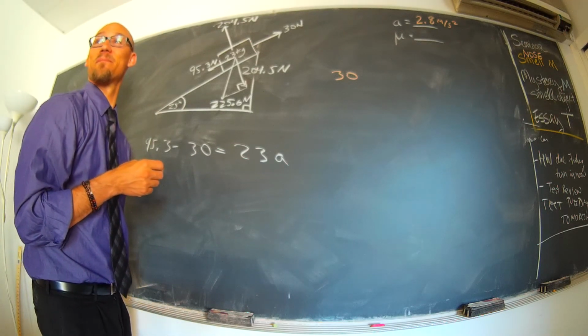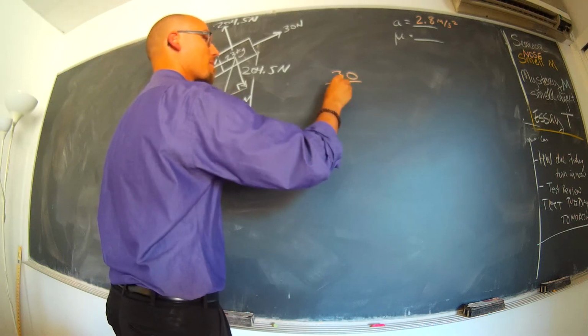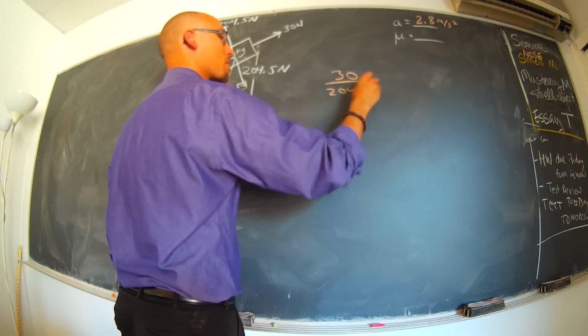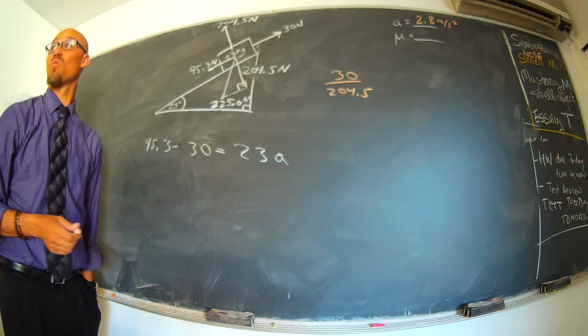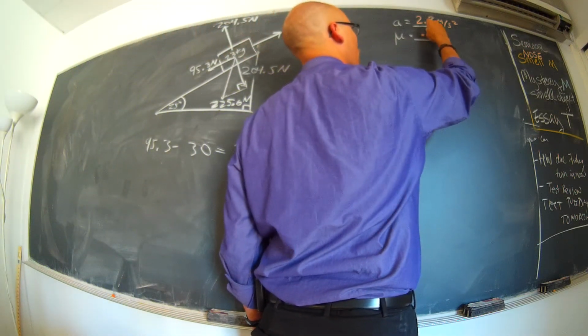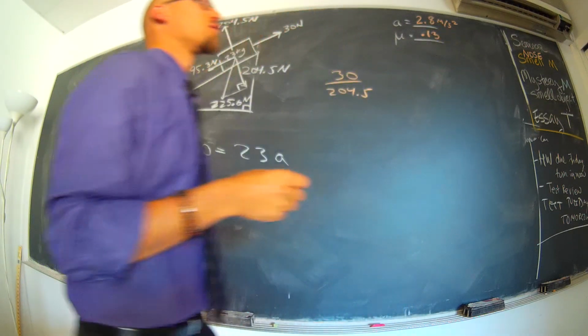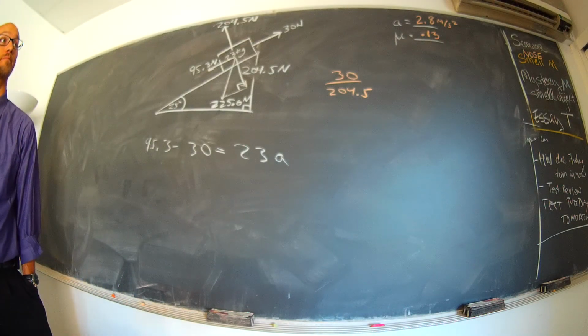Wait, you do the force of friction divided by the normal force. There you go. Yeah. Which gets you that number, 0.13. No units. Why would I not do that before?